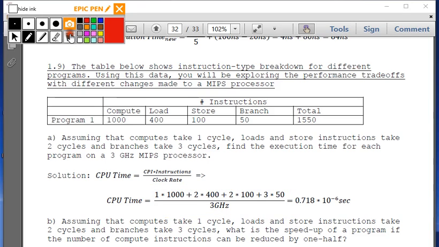Now, does anybody have any questions about how I came to this equation? For the record, I have no problem stopping and explaining it over again, if anybody actually asks. So it's the instructions times the CPI, in parentheses, all over the clock rate. Correct. Okay.